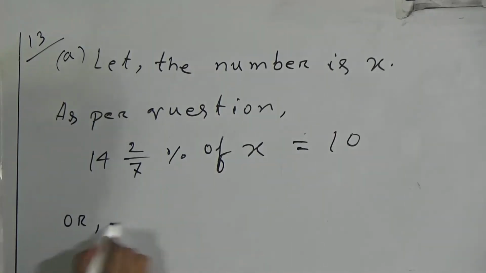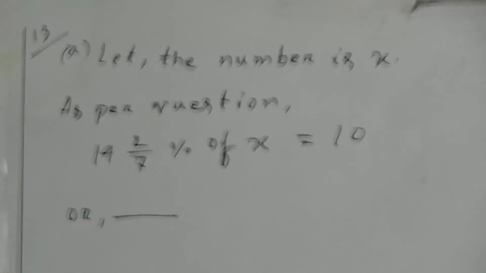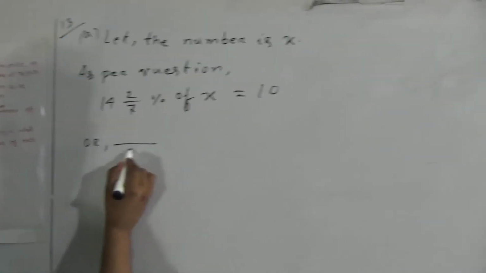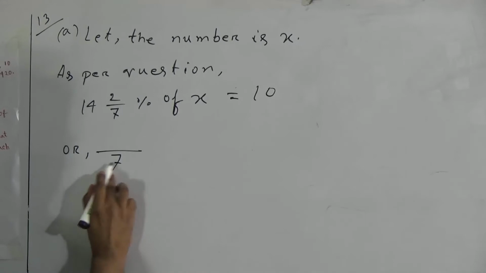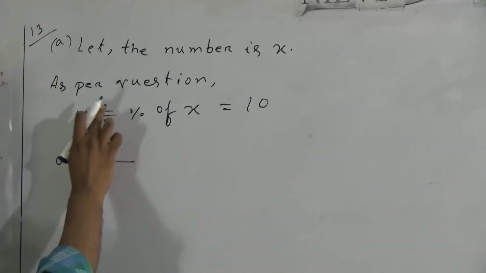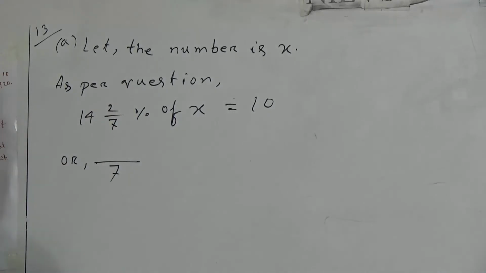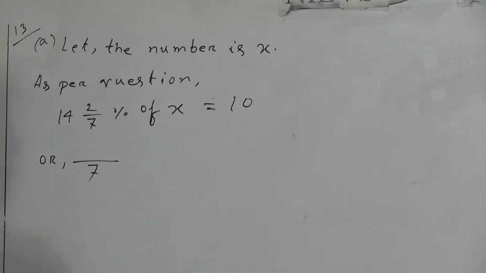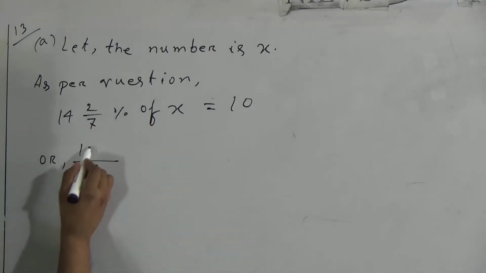Now we will convert this mixed fraction into an improper fraction. In this case, the denominators will be the same, and what will be the numerator? At first we will multiply 14 by 7, then we will add 2 to the obtained number. Now 14 multiplied by 7 is equal to 98, and 98 plus 2 is equal to 100.